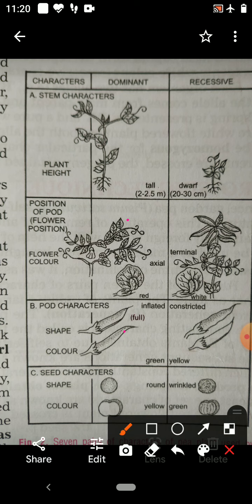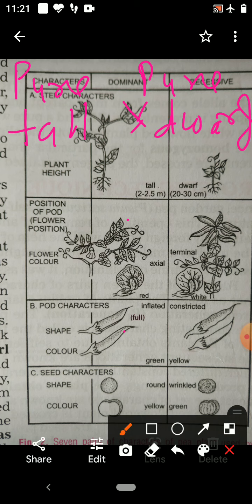So how did he avoid the chances of self-pollination? Mendel selected the male parent plant and female parent plant. Here, for example, you take this pure tall. Pure tall is the male parent plant and pure dwarf is the female parent plant.